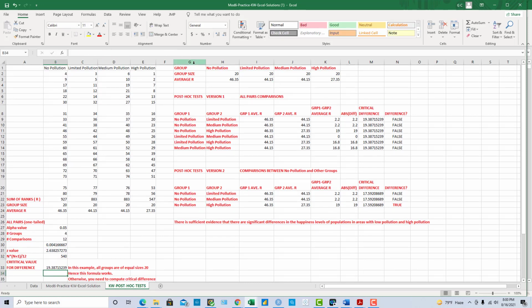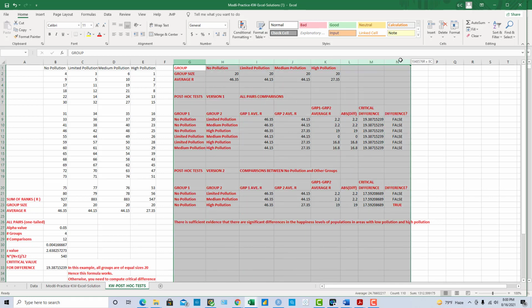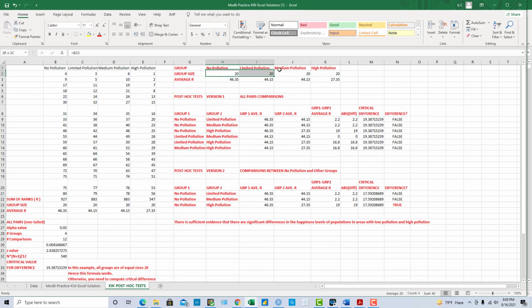Now what we do is, if you come through columns G through N, we got the group sizes, and then we got the average R, and the first version of the post hoc test, all pairs comparisons. I'll go through a couple of versions. So if we take no pollution, limited pollution, we know that the group average for no pollution is 46.35.